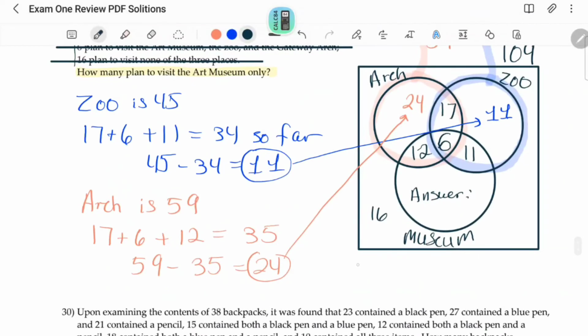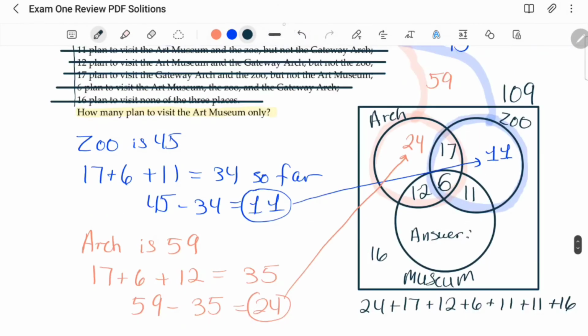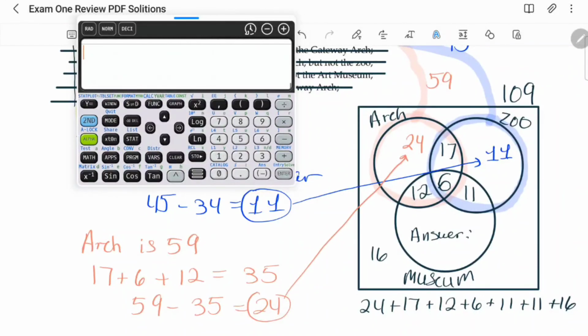So let's do that. 24 plus 17 plus 12 plus 6 plus 11 plus the other 11 and plus the 16 on the outside. And once again, don't forget about the 16 on the outside.